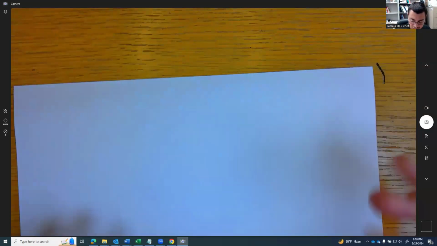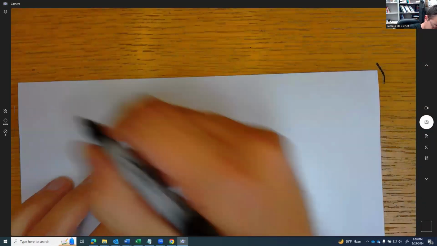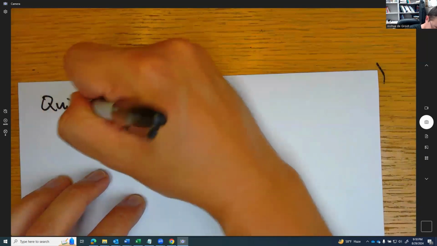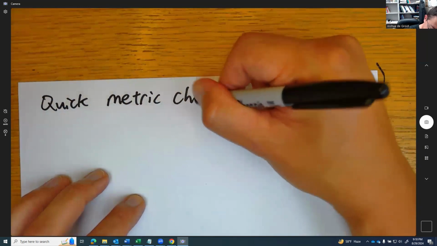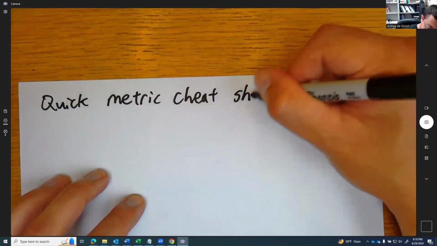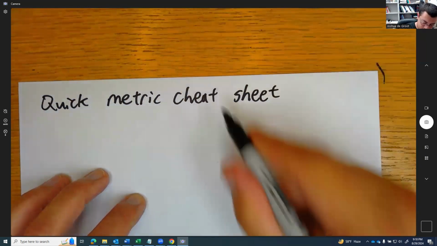All right. I'm going to show even another way of doing that method directly. This involves creating a quick metric cheat sheet. I guess not everyone likes the word cheat, and we're not cheating.